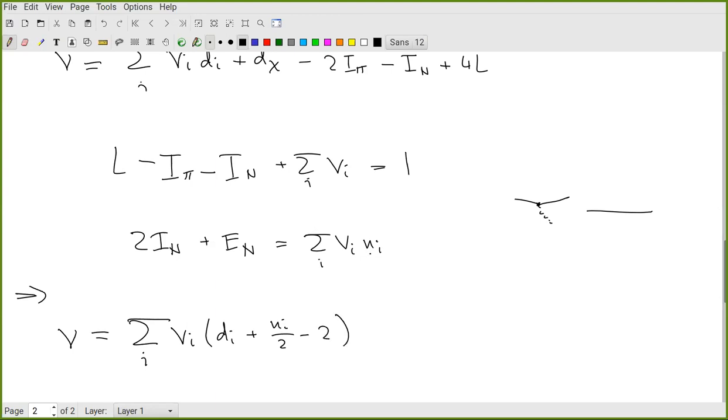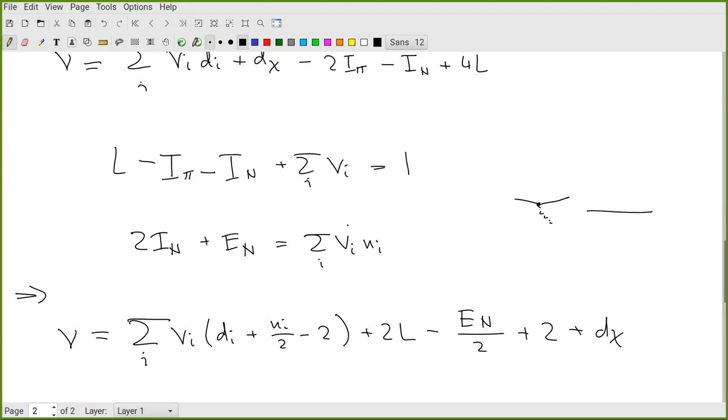So this Ni is just the number of nucleon lines in each vertex. Plus 2L minus number of external lines plus 2 plus d chi.